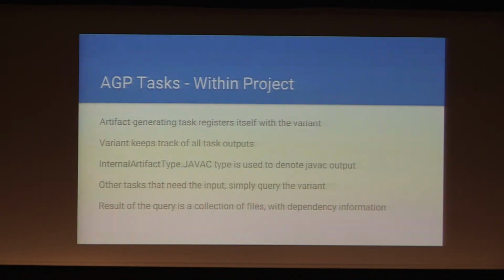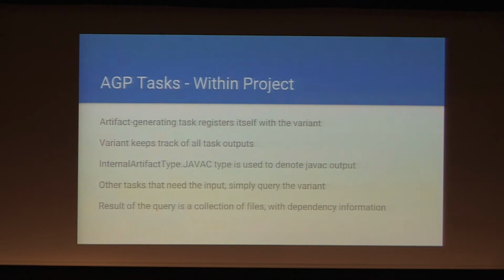So within the project, how do we manage these artifacts? The task that actually produces a specific artifact type registers itself with the variant. So a JavaC task, for instance, would register itself with the internal artifact type JAVAC, and would point to a folder that contains all of the compiled JavaC classes. Now you can think that each of the tasks that we create does this with the variant.